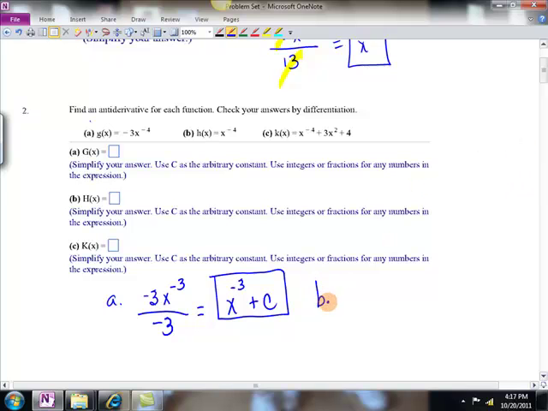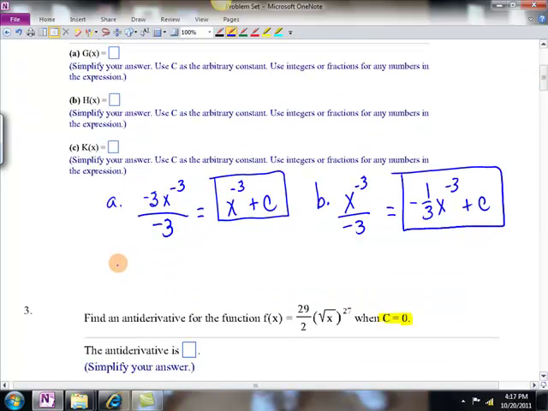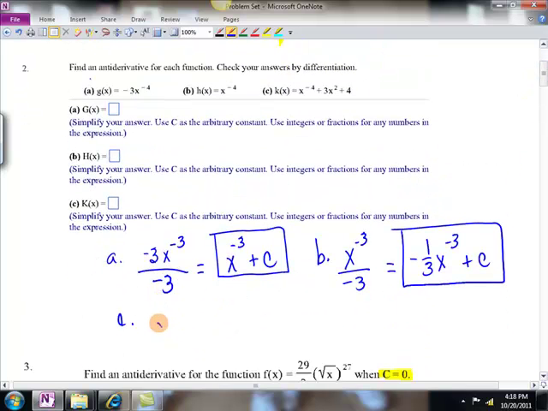B part, we've got x to the negative 4. So we've got x to the negative 3 over negative 3. Okay? And I think in MyMathLab, they probably are going to want you to write it like this. Okay? C part, we've got, let me write it, x to the negative 4 plus 3x squared plus 4.